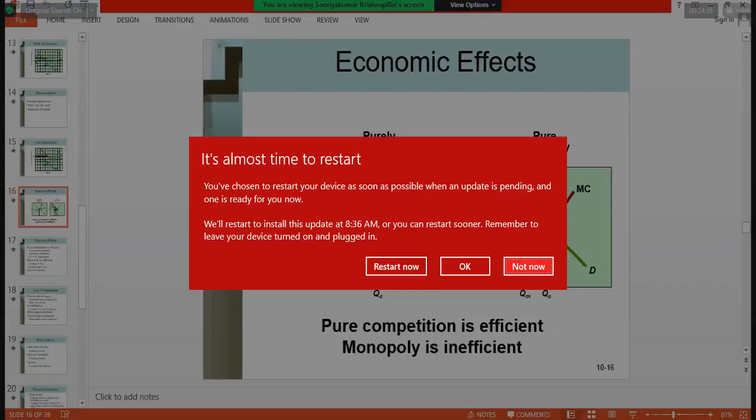But if we look at the monopoly, there is no supply curve for the monopoly, but there is a marginal cost curve and there is a demand curve. The demand curve is downward sloping, so marginal revenue will also slope downward. In the pure competitive market, market demand is downward sloping but firm demand is horizontal.